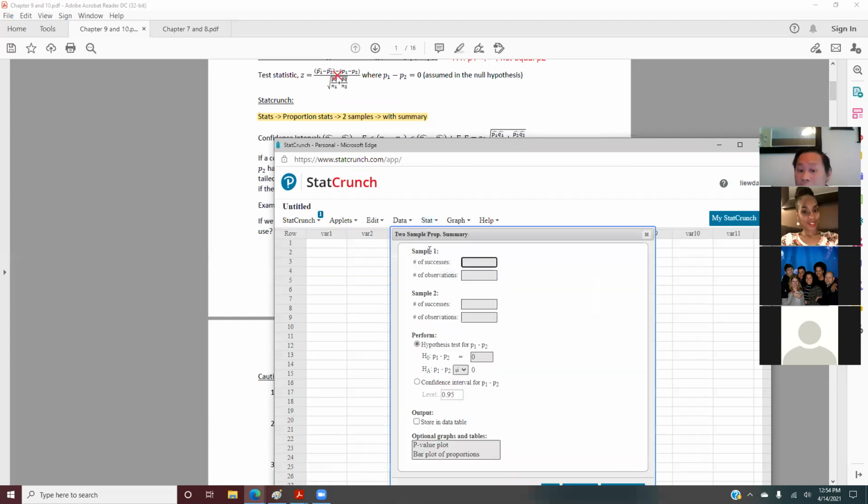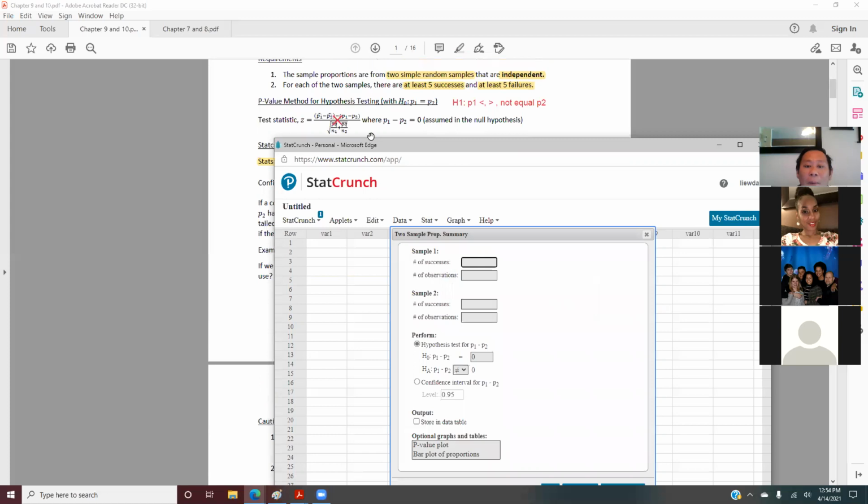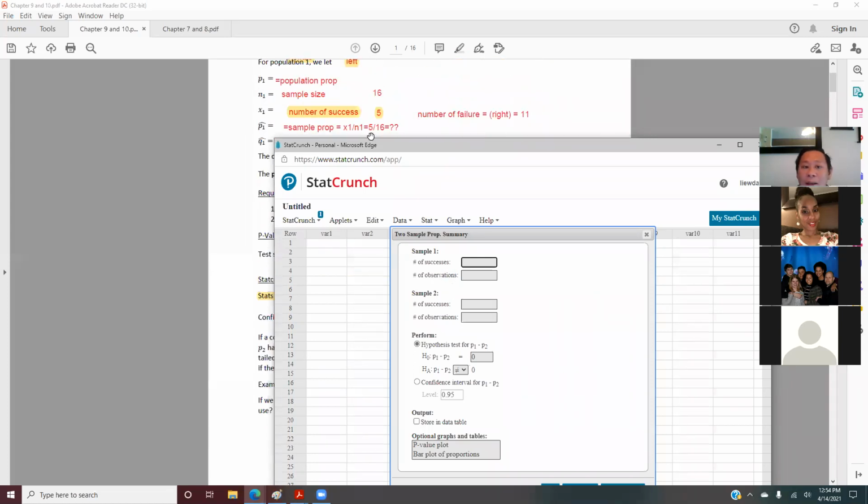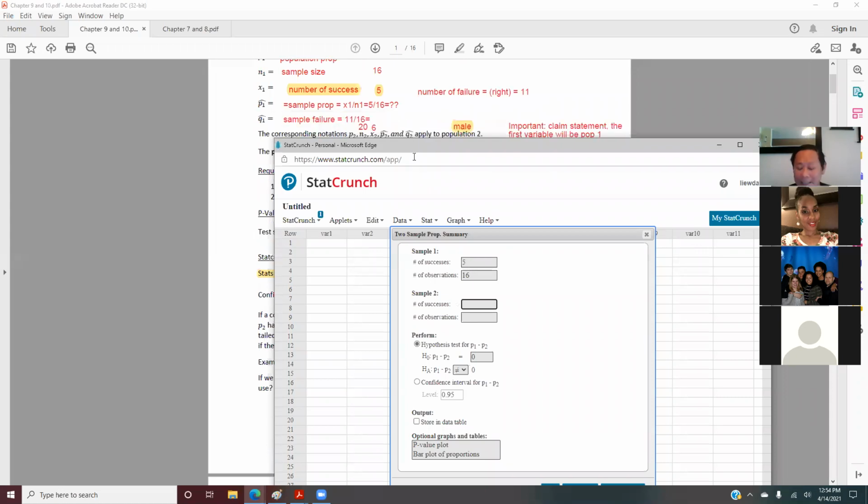This is for the first sample, this is for the second sample, and this is the number of observations. In this case, with the girls and the boys being lefty, there are 5 left-handed females out of 16 female students, and for guys, I have 6 lefties out of 20 males in my class.